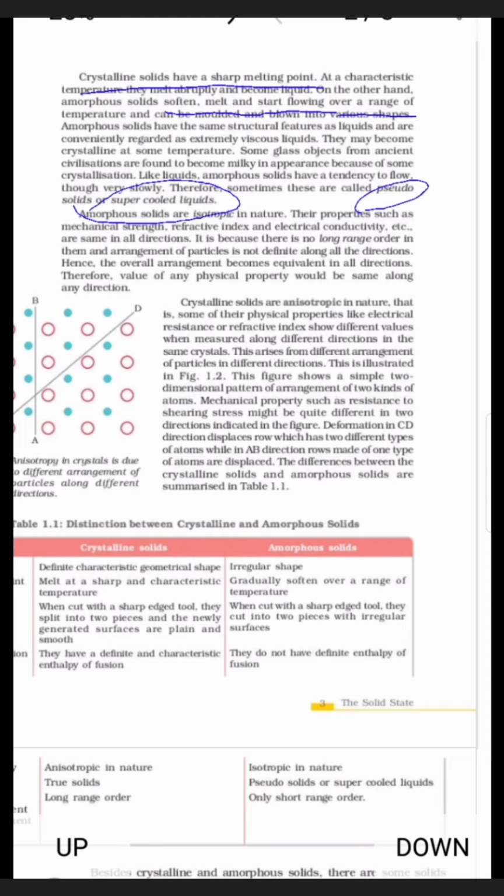So at the bottom the thickness of the glass becomes higher because of the flow of glass from top to bottom. Because of this flowing nature, we cannot say it is a liquid or a solid. It shows the properties of a liquid. So we can say it is a pseudo solid, or a super cooled liquid.